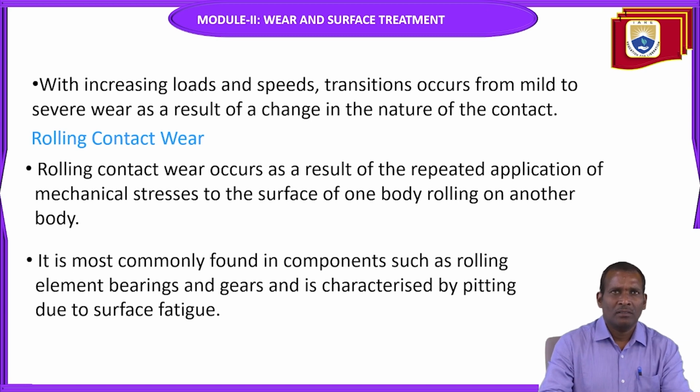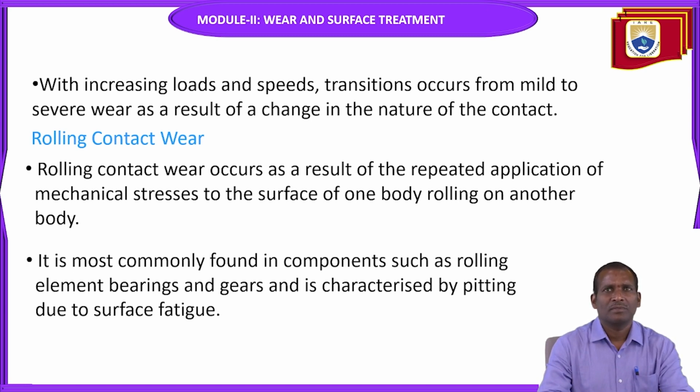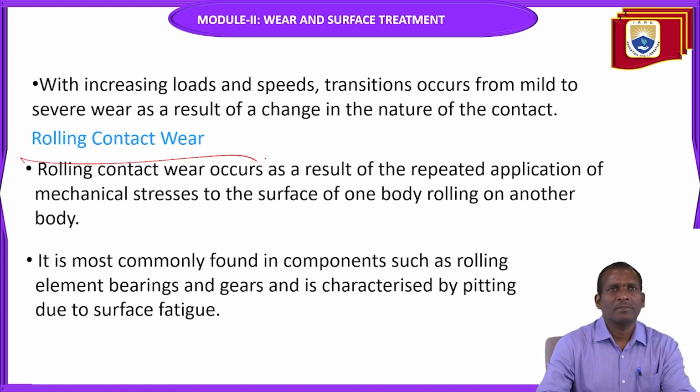With increasing loads and speeds, transitions occur from mild to severe wear as a result of a change in the nature of the contact. So the next type is rolling contact.